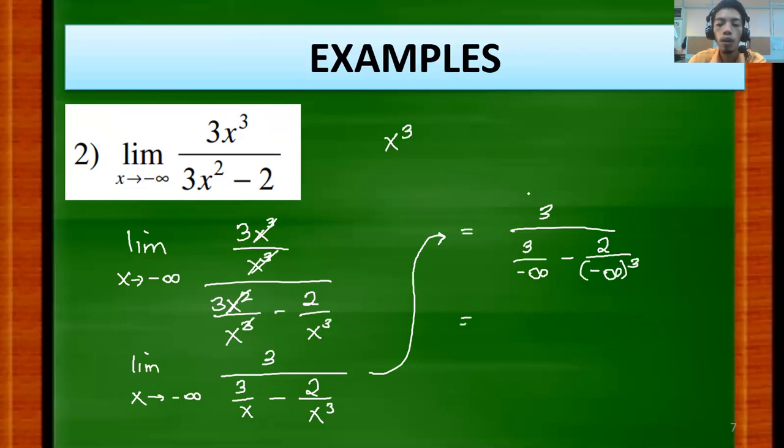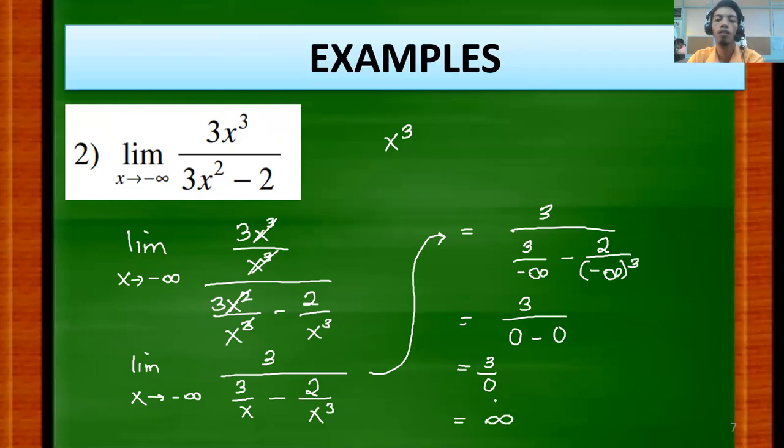Now, in evaluating this, ang sabi nga, lahat ng dinivide sa infinity ay 0. So you have 3 over 0 minus 0. And 0 minus 0 is 0. So you have 3 over 0. And 3 over 0 is equal to infinity.